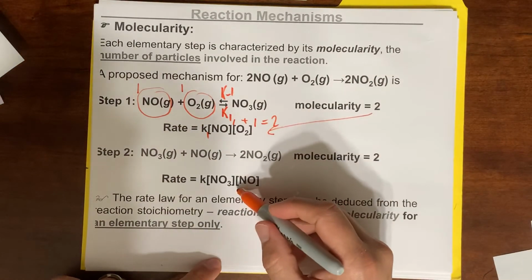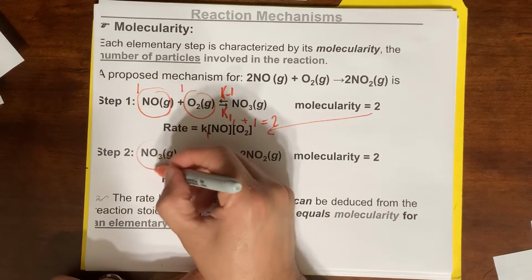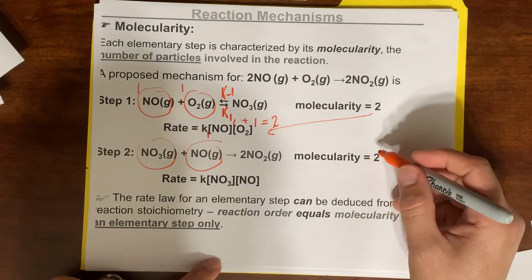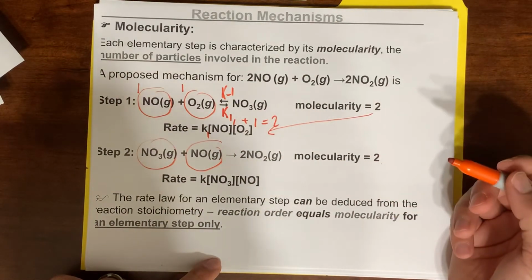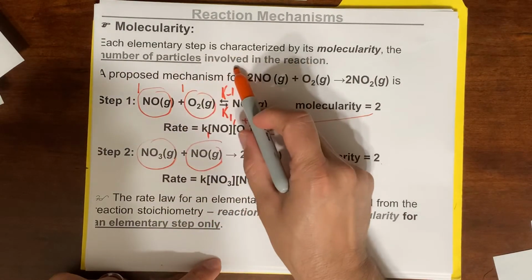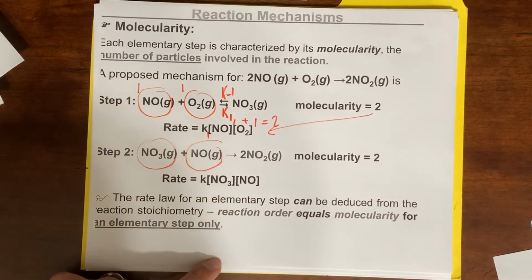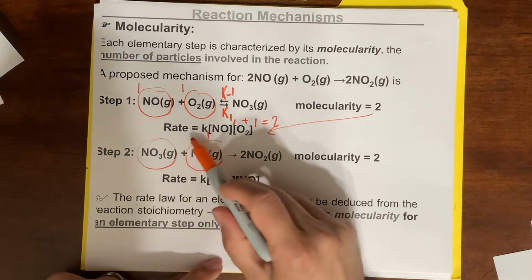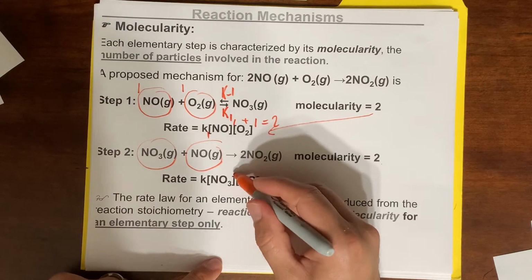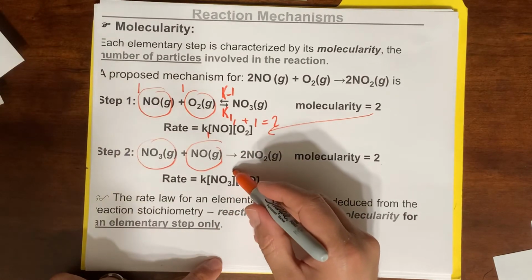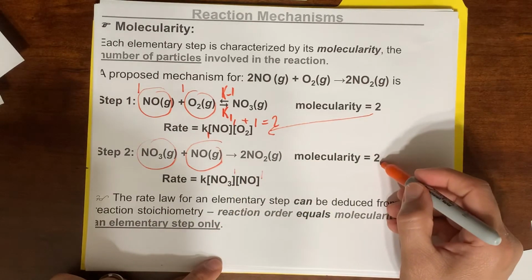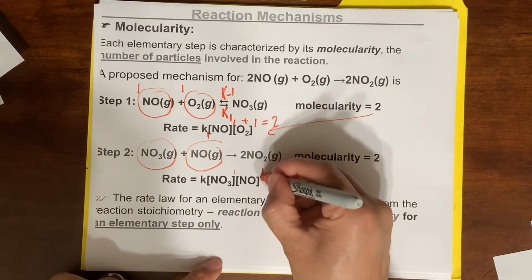And how about this? We see 1 NO3 and 1 NO, so 2 particles are involved. Molecularity will be equal to 2. So molecularity means the number of particles involved inside the reaction. If you know the rate law for each step, just look at the coefficient, the exponent. The exponent says 1, this one is 1, so that means molecularity is going to be 1 plus 1, it will be 2.